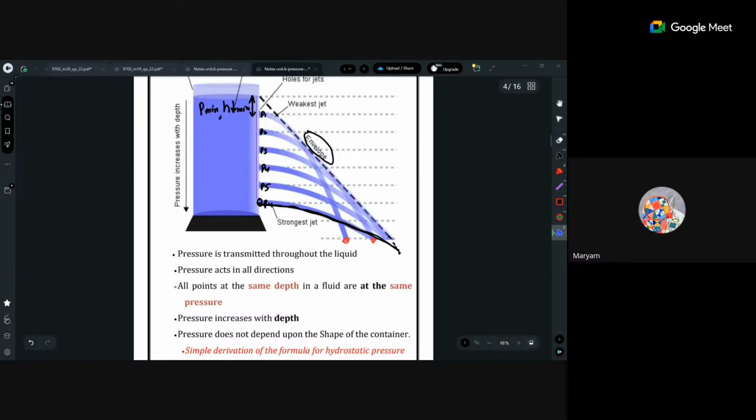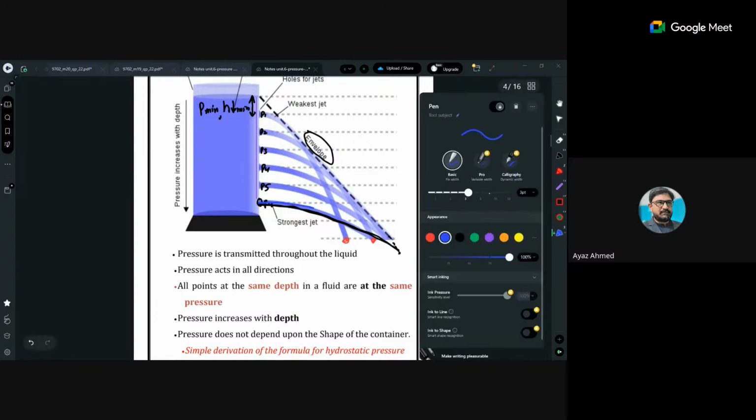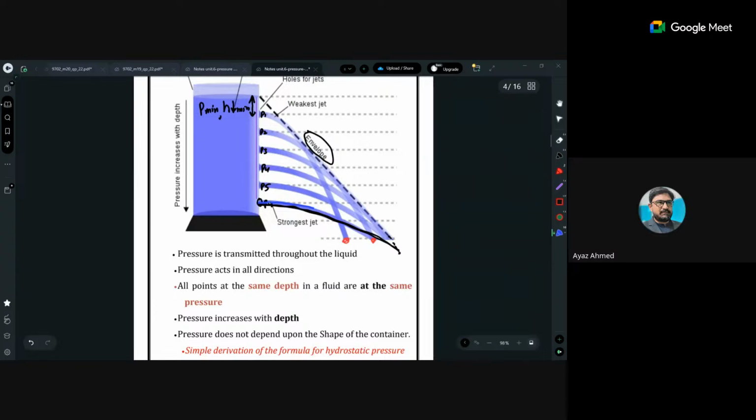Very good identification. You got it? Because when I join the gradient, as I have shown you, it depends upon the gradient. So it must be something over here. Got it?